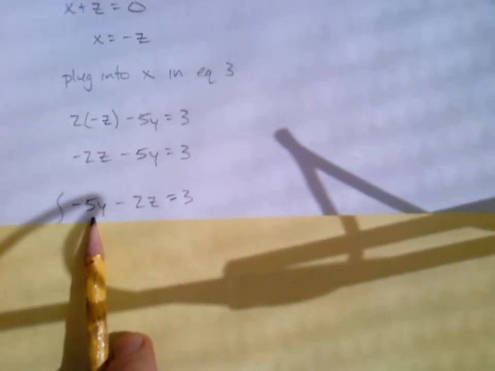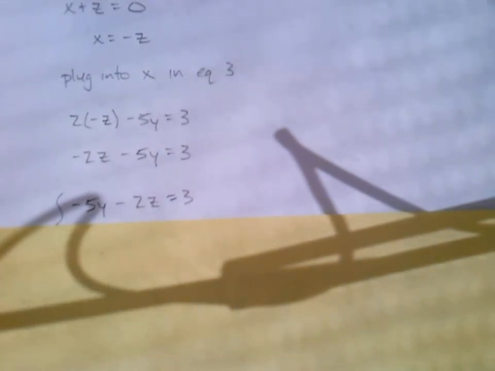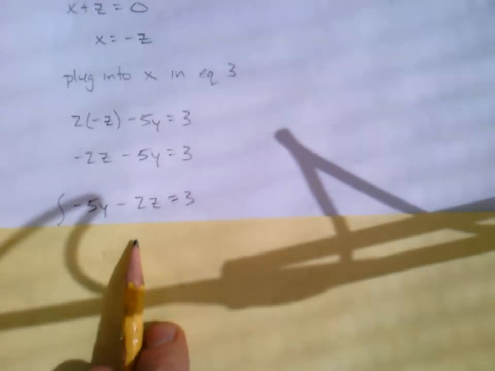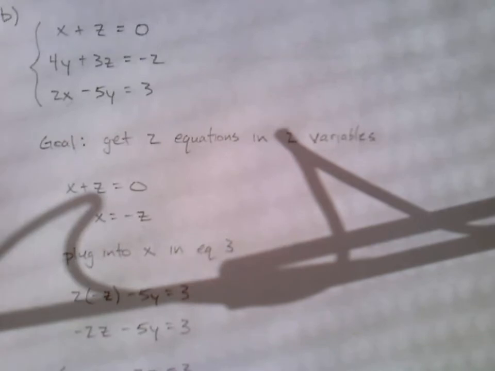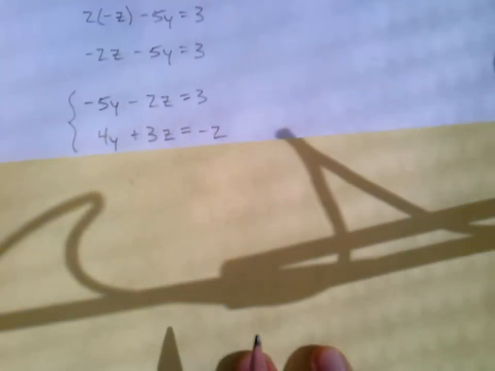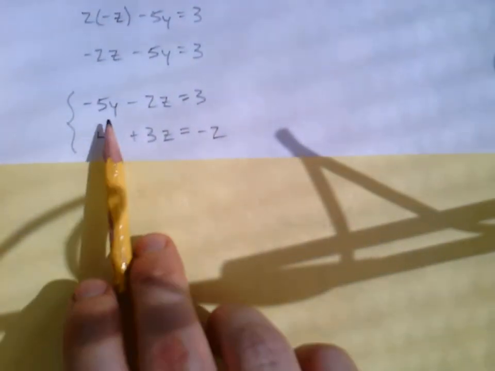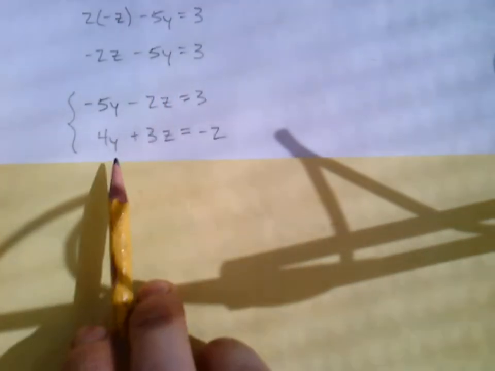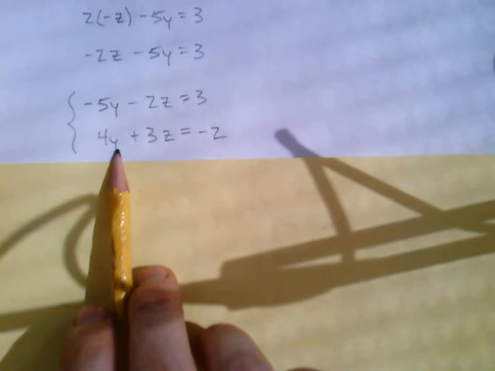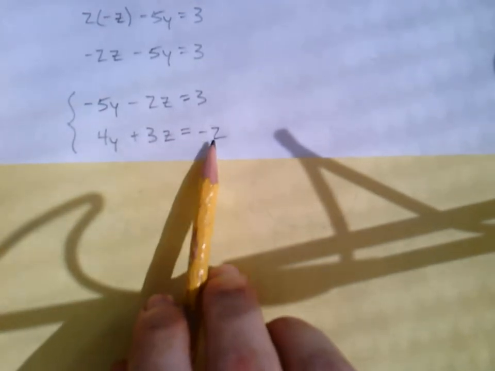It turns out this is the first of my two equations with two variables. The other one is that second equation. It has y and z as well: 4y plus 3z equals negative 2. So very quickly, I've got two equations with my two variables.